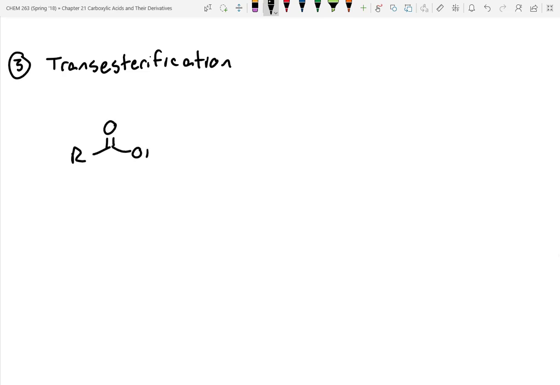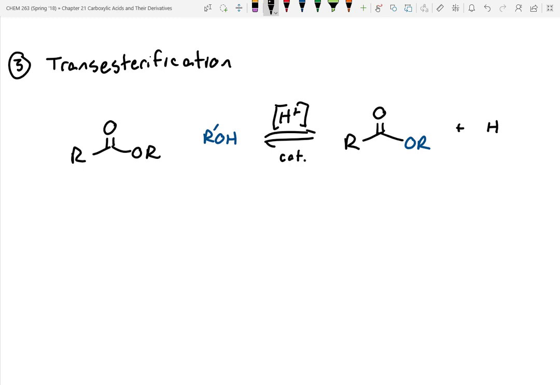But in this one, you're going to take an ester, react this with a second alcohol, so I'll call that R prime OH and keep it blue. Treat this with catalytic acid. When you do this, you can change one ester into another ester in your leaving group. In this case, it's going to be the alcohol that used to be on there.